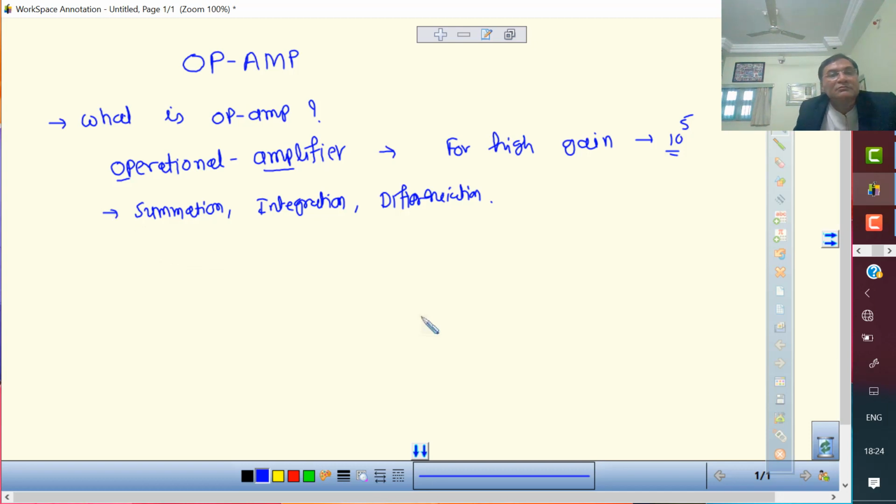And by using external circuit, it can be used as a filter, it can be used as oscillator, diode tester. There are so many applications, but when this was prepared, at that time the purpose was for this only, to get the summation, integration, differentiation.